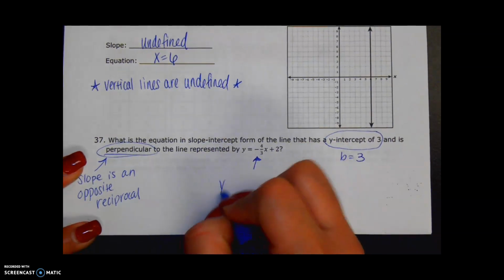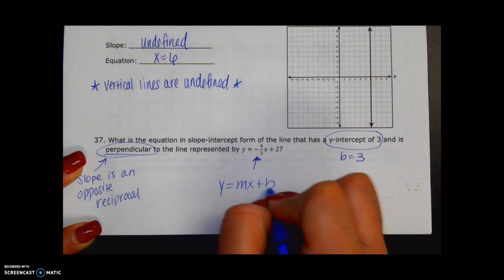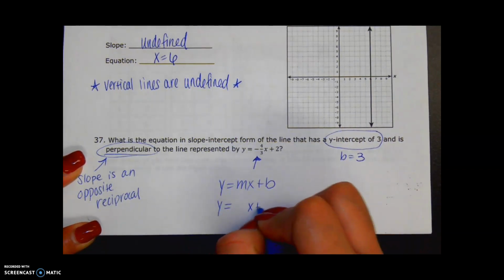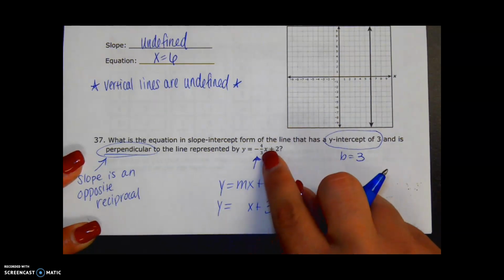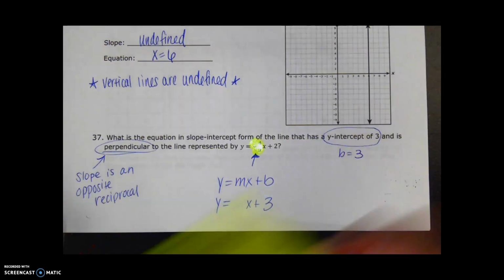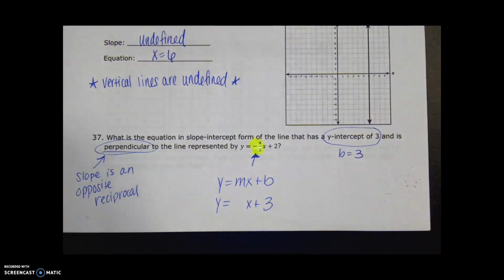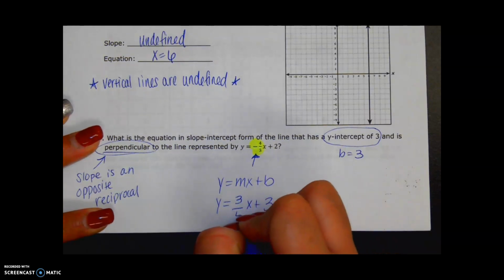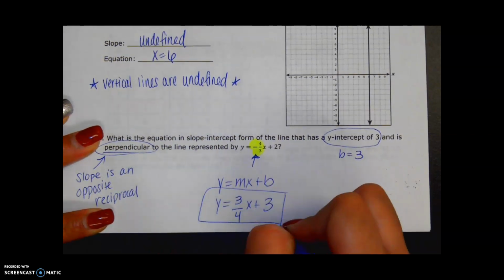It needs to be y equals mx plus b. I know b is 3. y equals something x plus 3. Well, I need to do my opposite reciprocal here. This is negative 4/3, so I'm going to flip the fraction and change the sign, and that's going to be positive 3/4. So it'll be y equals 3/4 x plus 3.